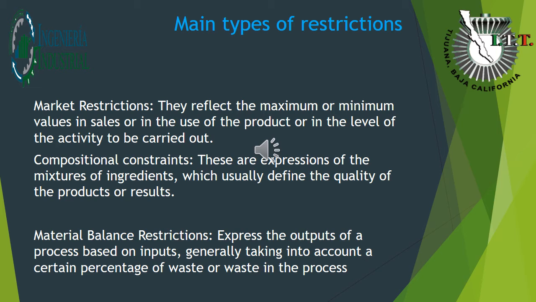These are expressions of the mixture of ingredients, which usually define the quality of the product or result. Material balance restrictions express the outputs of a process based on inputs, generally taking into account a certain percentage of waste in the process.